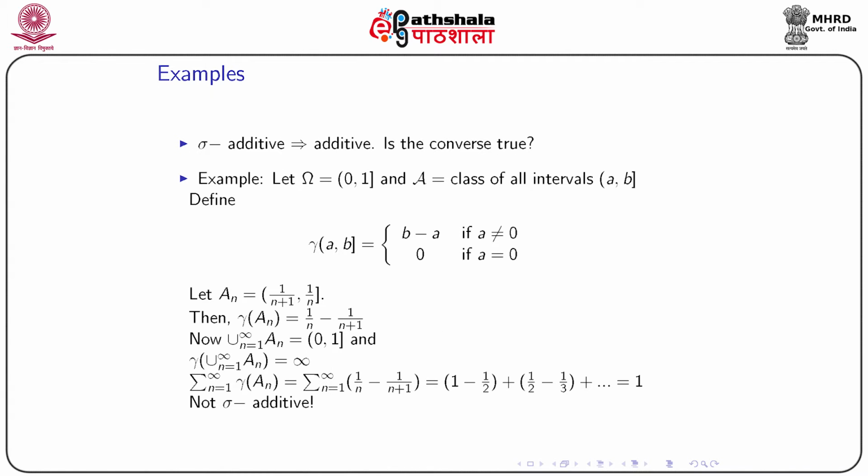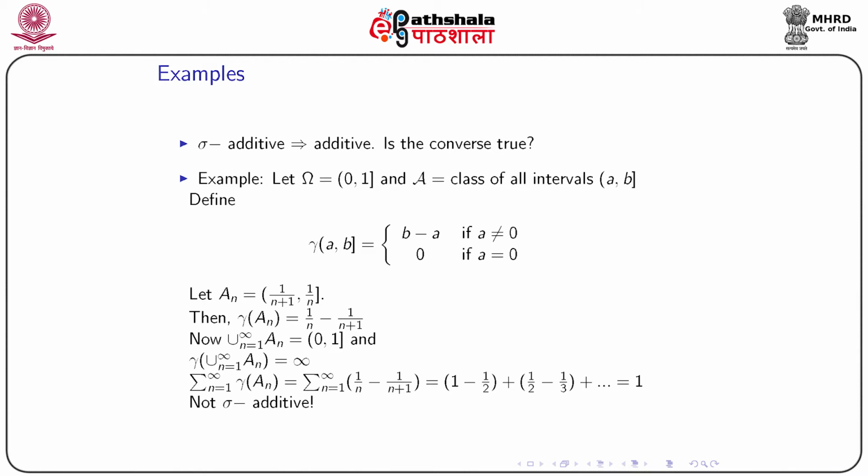Now, whether the converse is true or not, this is the basic question: if a set function is additive, whether it can be sigma additive or not. We will give one counter example to show that even if it is additive, it may not be sigma additive.